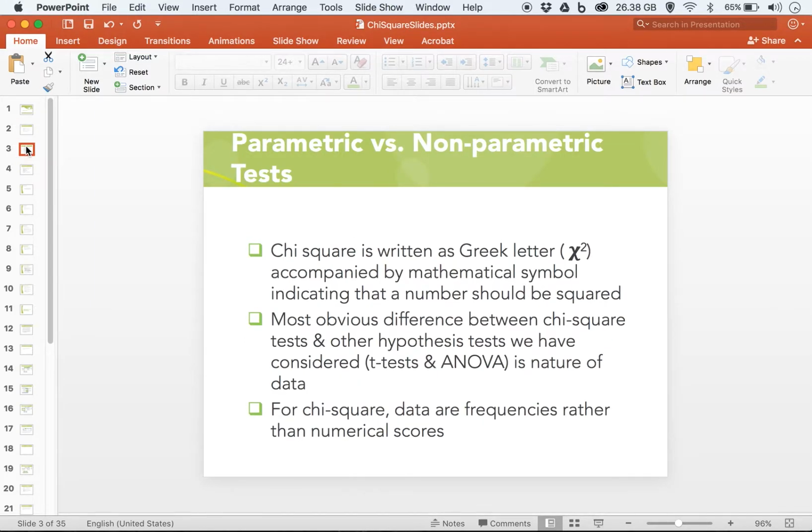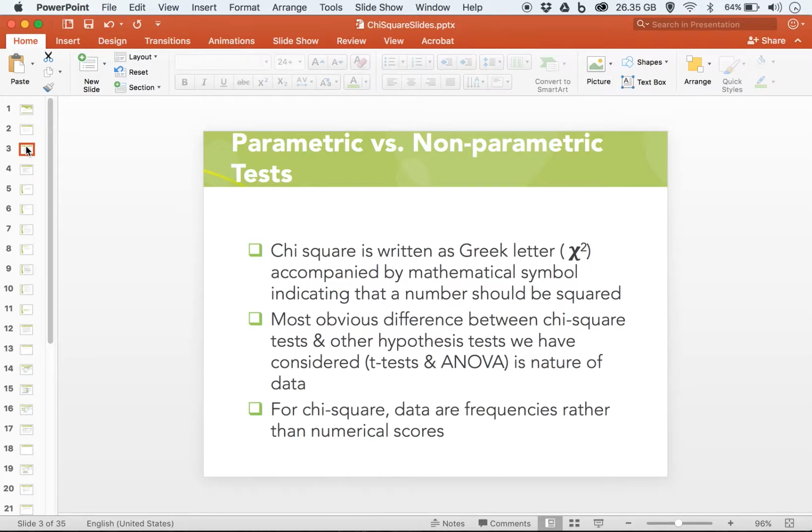It's important to know that the statistical function for comparing categorical variables with each other is the chi-square. Sometimes it's written as a Greek letter. Most often you could associate it with the fact that it's different than the hypothesis tests that we've learned, like t-tests or ANOVAs, because of the type of data we're using.